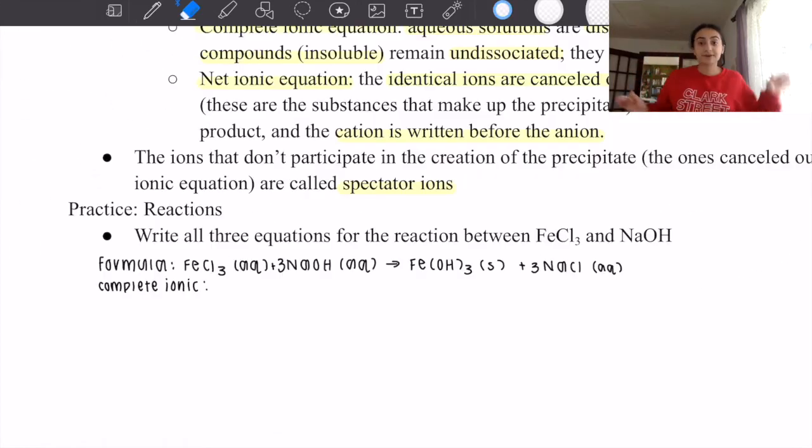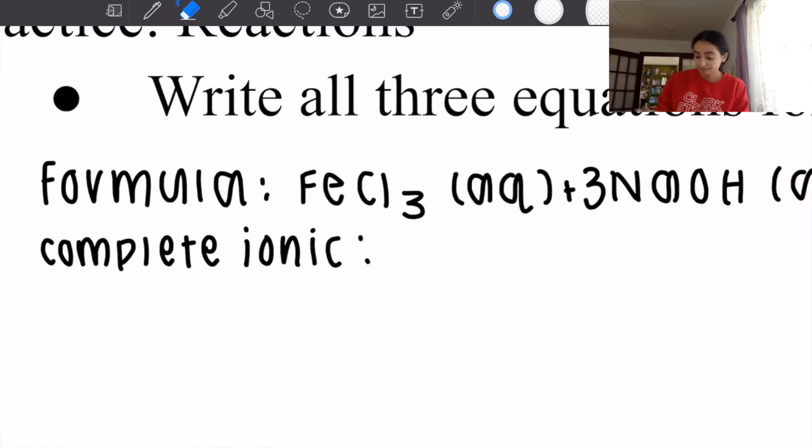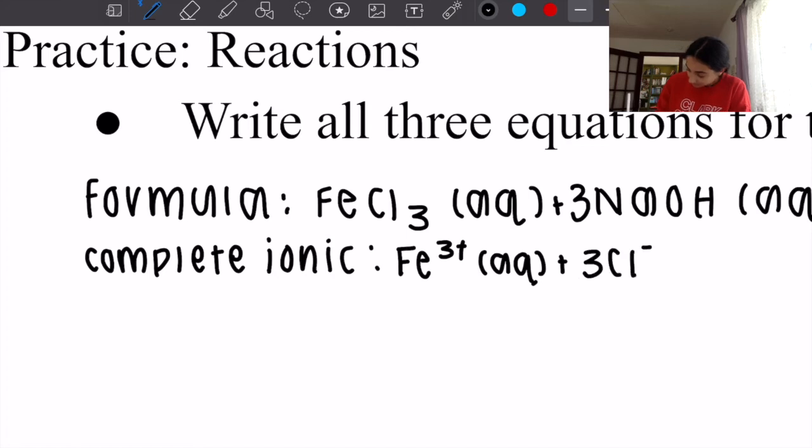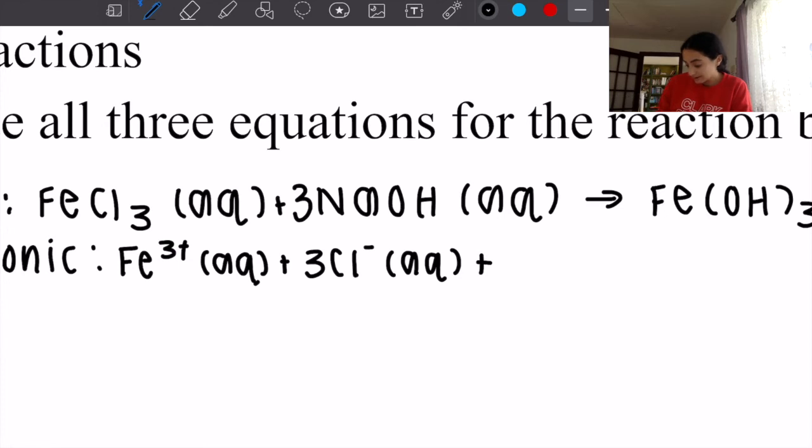Okay, so next let's write our complete ionic equation. So, as a reminder, soluble compounds will dissociate. So FeCl3 will dissociate into Fe3+, and I'm going to write the state, plus 3Cl-, which is also aqueous, and then our coefficient is going to come into our dissociation equation as well.